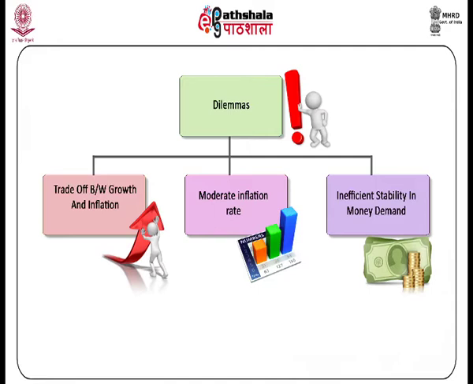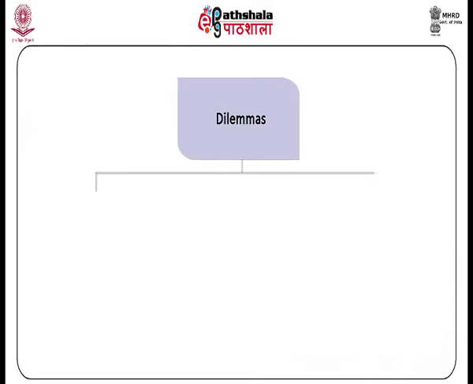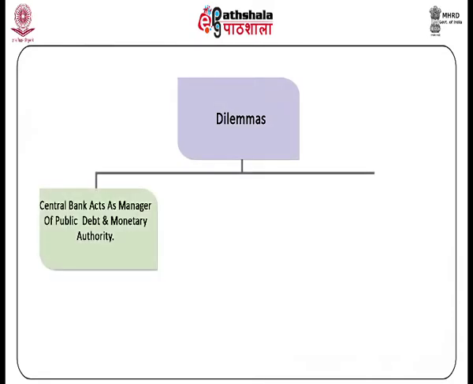Fourthly, the dilemma that a central bank faces as the manager of public debt and the monetary authority is well known. While the former may require keeping its costs low, the latter may demand a reduction in the extent of government debt that it holds, considering the impact it has on aggregate expenditures and thus on demand.